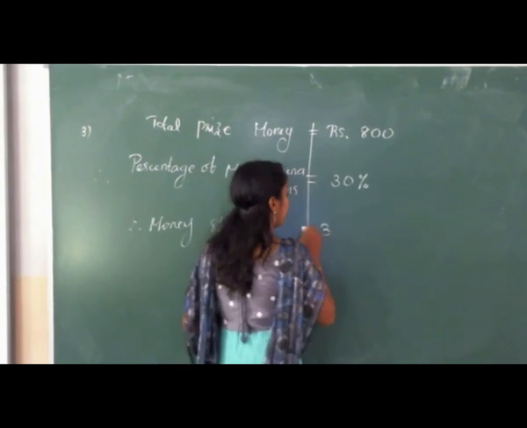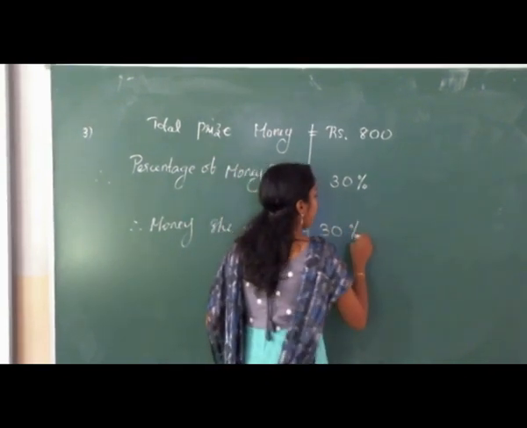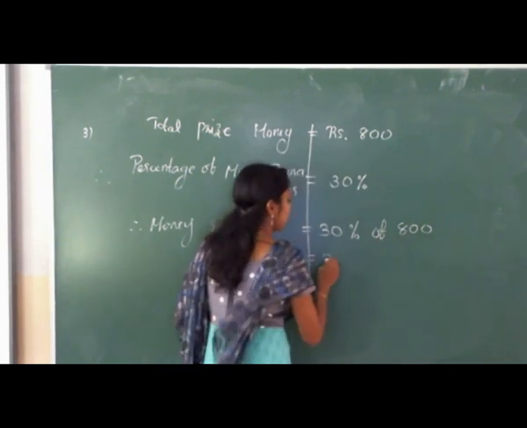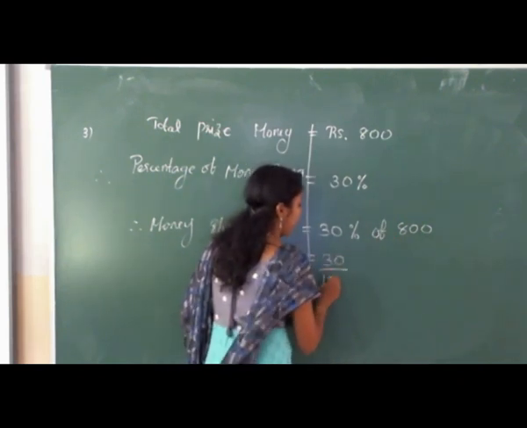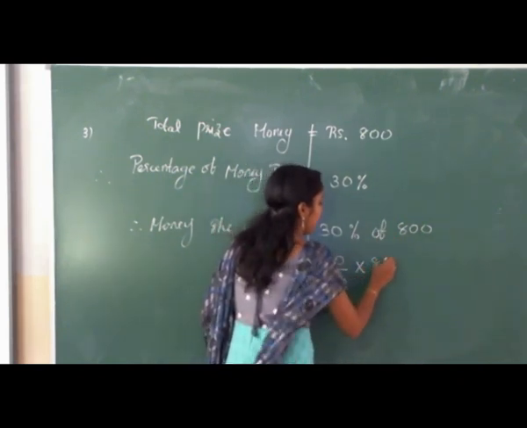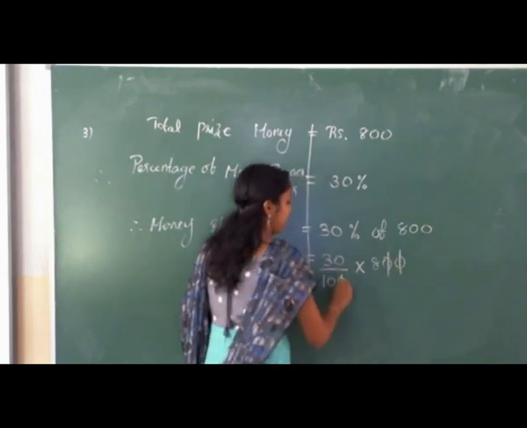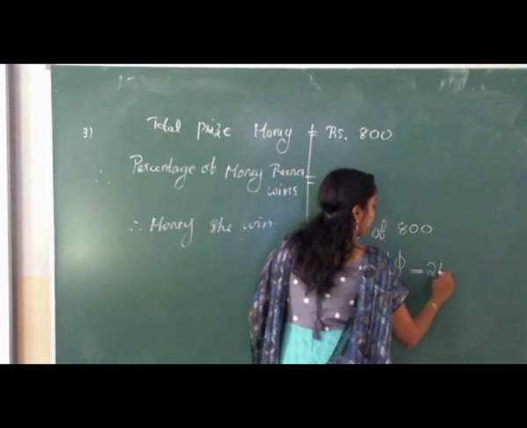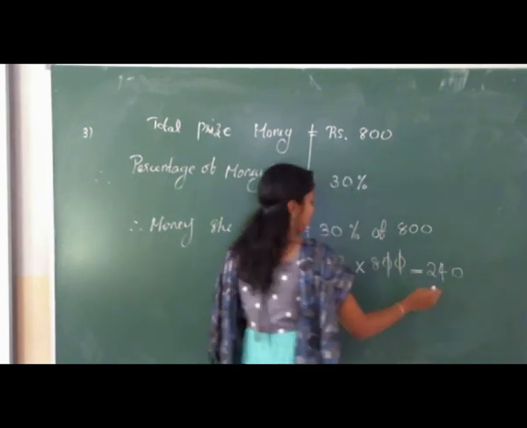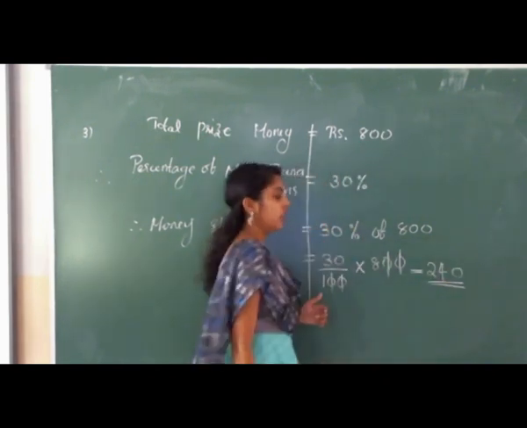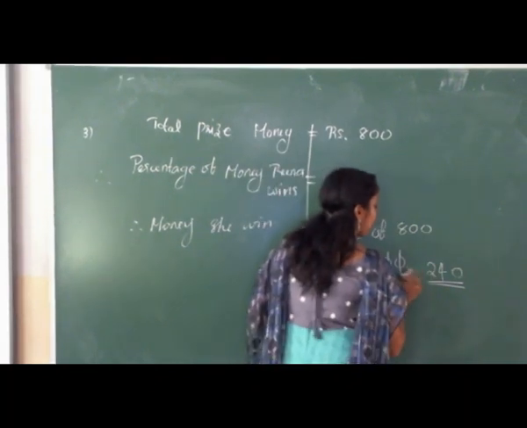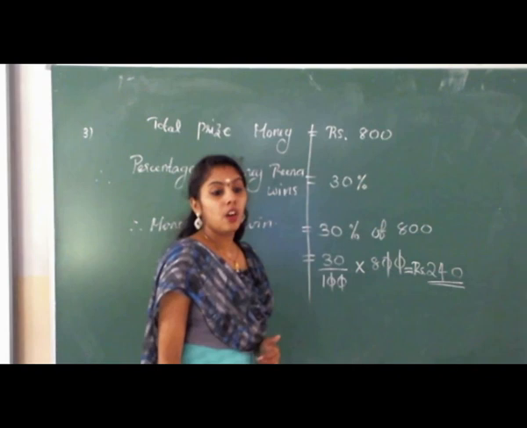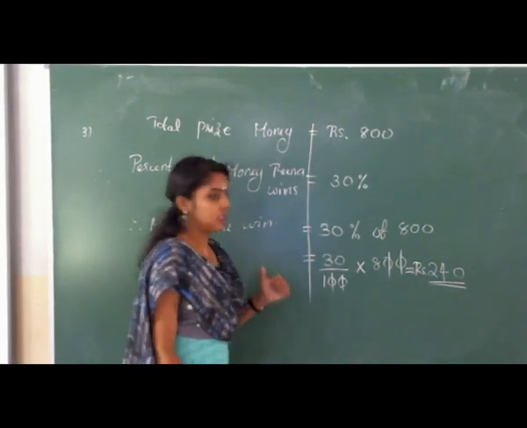So, 30% of total 800, that is 30 by 100 into 800, cutting method, that is 30 into 8, 240 rupees. Rupees 240 is the answer.